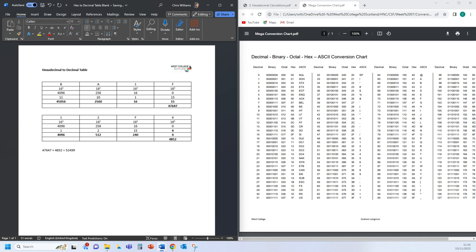Now, I know it's difficult to visualise you dividing this by 16. It's not actually too bad. You do 16 divide, and you get 52499.